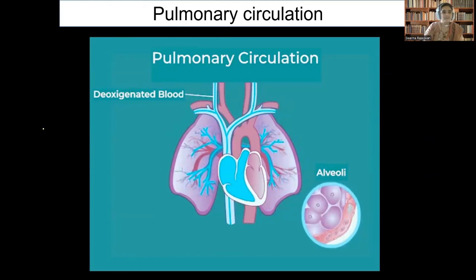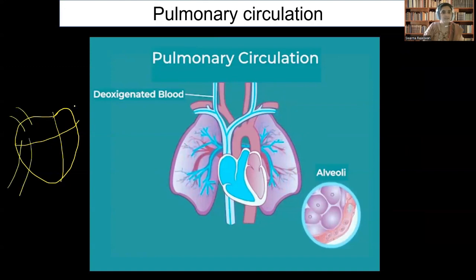So when we see the heart, this is the superior vena cava, that is the inferior vena cava, that is the pulmonary artery, this is the aorta, and these are the pulmonary veins.